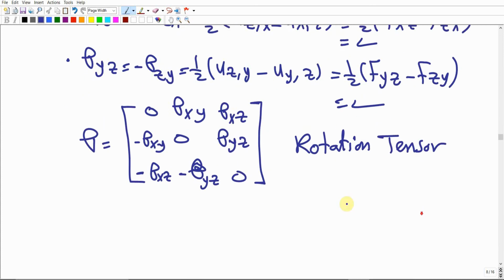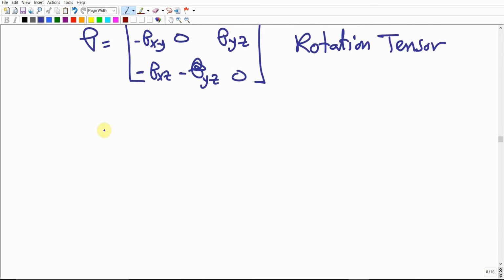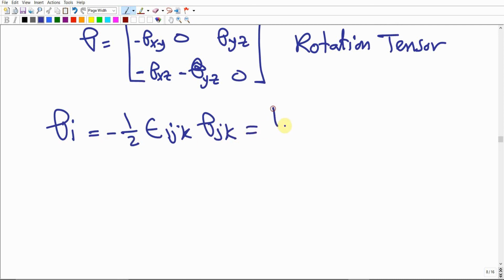If we are interested in the rotation vector, which is theta I, it should equal, as we define it, negative 1 over 2 epsilon I j k theta j k. If you decide to get rid of the negative, I can write this as 1 over 2 epsilon I j k theta k j.